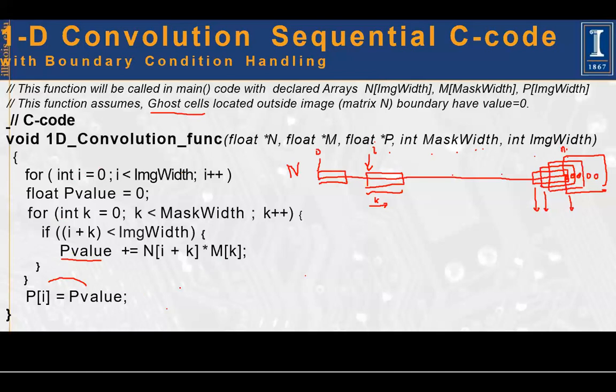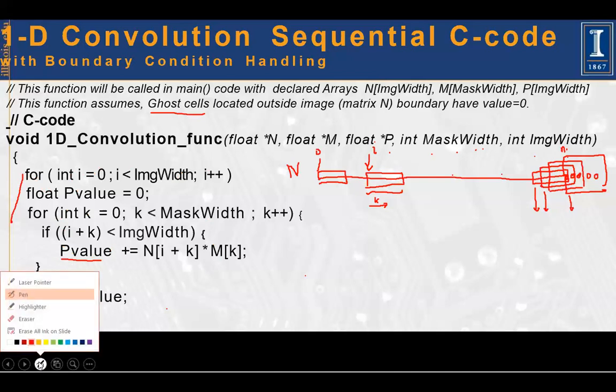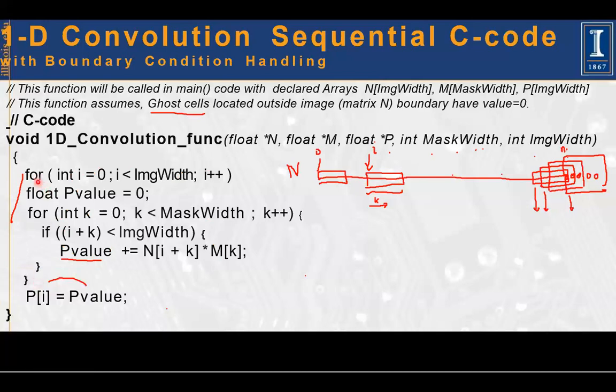Okay, so we have understood this C code for 1D convolution in detail.